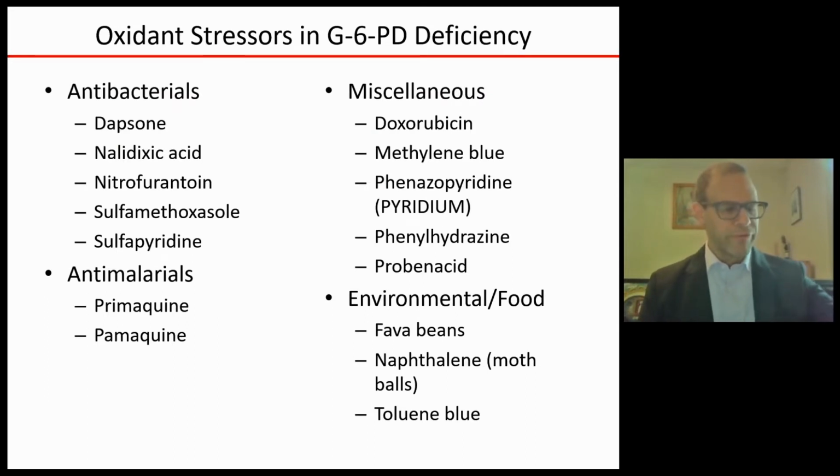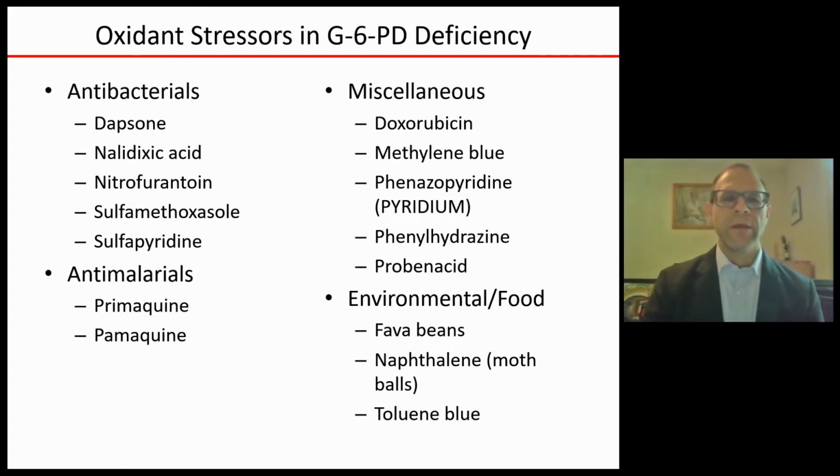There are many different medications that can cause a hemolytic episode from G6PD deficiency. Classic ones being sulfa drugs, like the Bactrim in this case. Dapsone is another common one, and fava beans are our classic food item that can do it too.